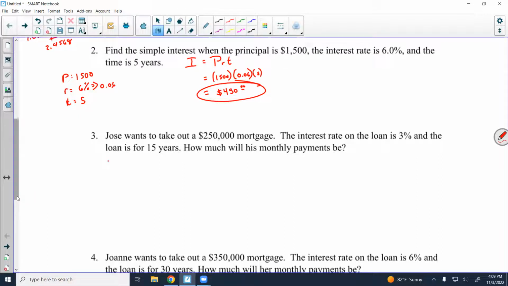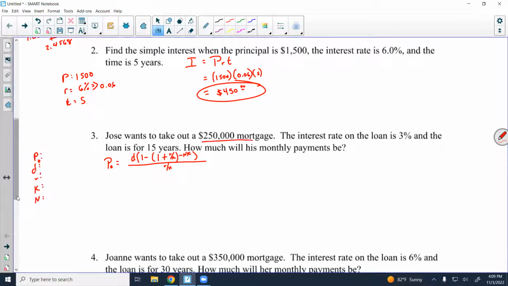And that formula is P sub 0 equals D times (1 minus (1 plus R divided by K) to the negative NK power) all over R divided by K. So our variables are P sub 0, D, R, K, and N again.